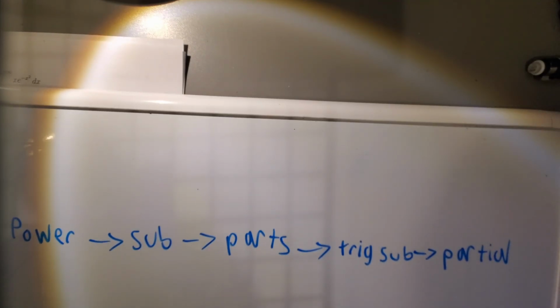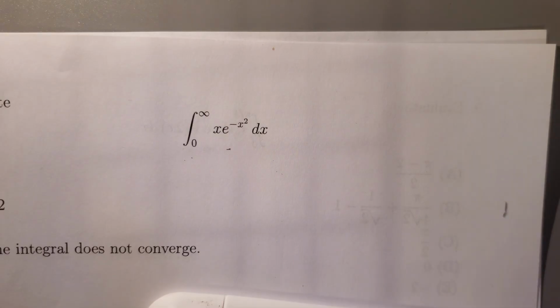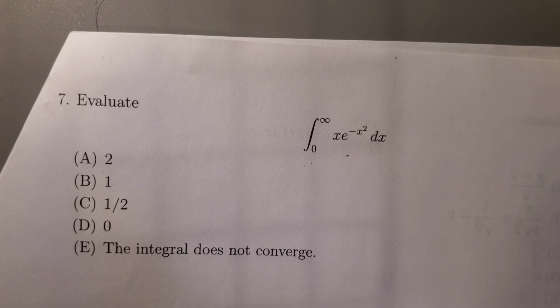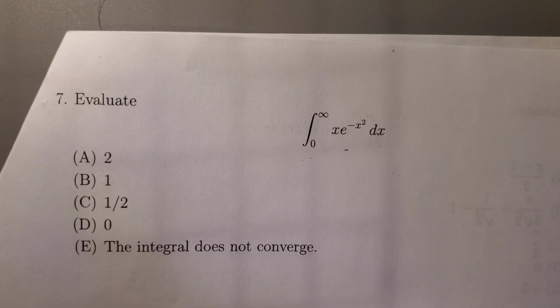That's kind of my general hierarchy of what to start with. And for this question, you can evaluate this with a u sub, because the whole goal with the u sub is to cancel something out to make it actually integratable.